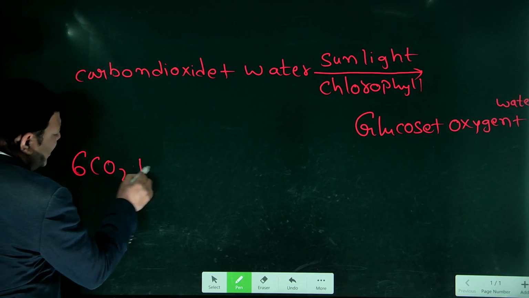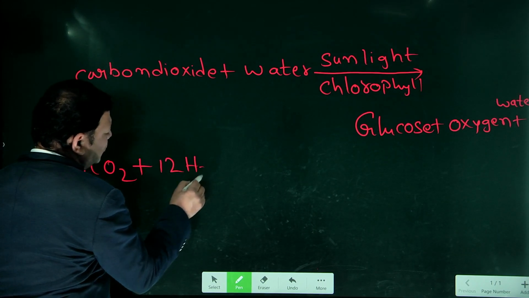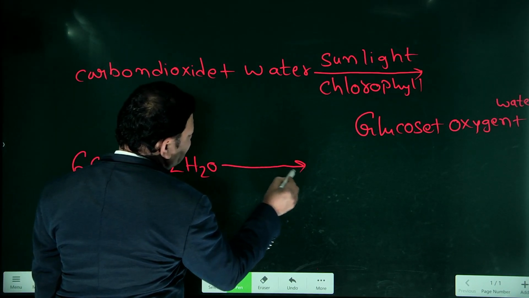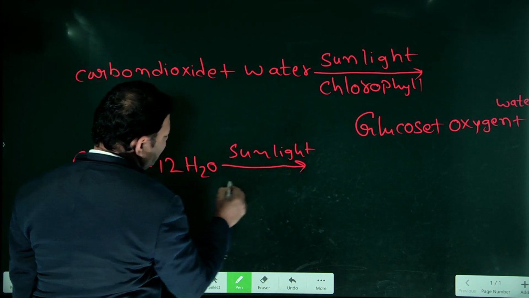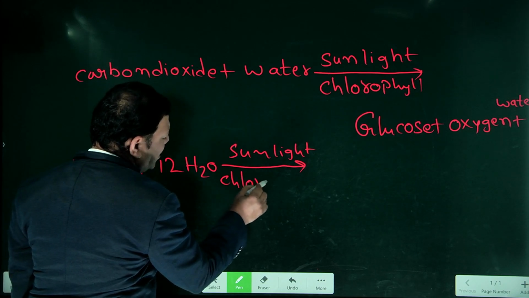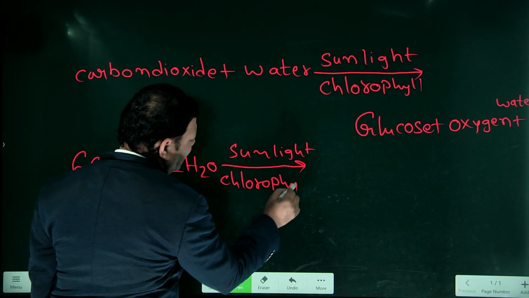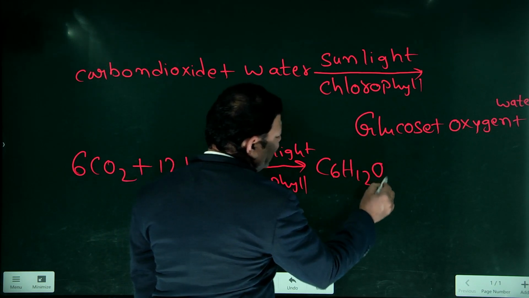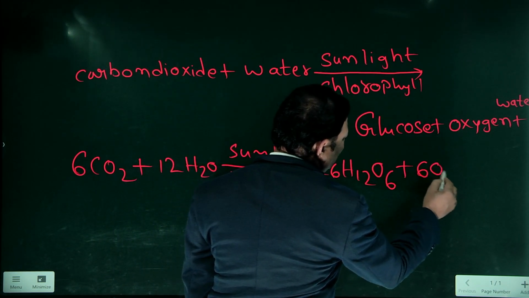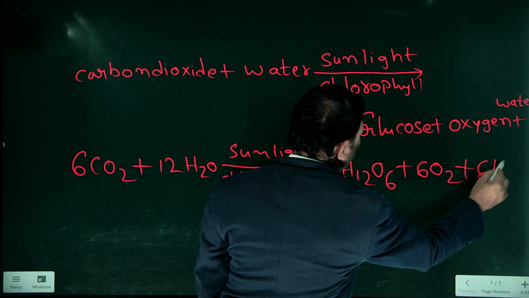6CO2 plus 12H2O gives rise, with sunlight and chlorophyll, to C6H12O6 plus 6O2 plus 6H2O.